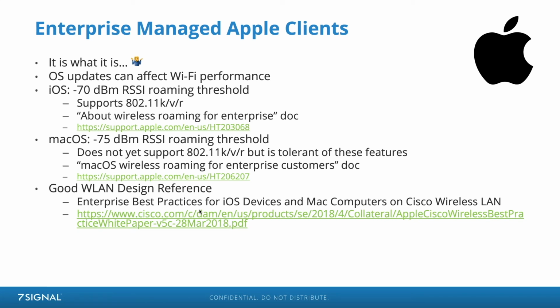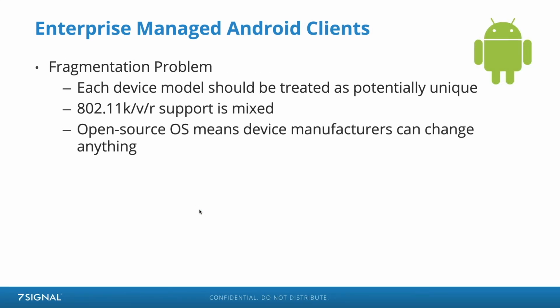So if you're having issues with these devices, that's a good reference to see if maybe some of those best practices you may be able to implement while also supporting all the other clients that you must support on the network. Let's talk about Android.